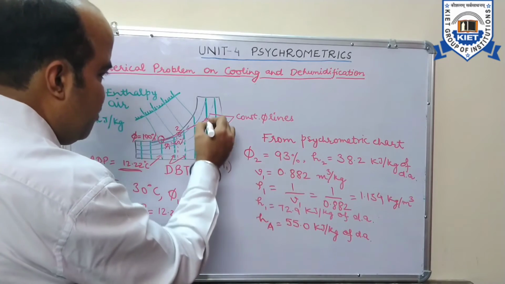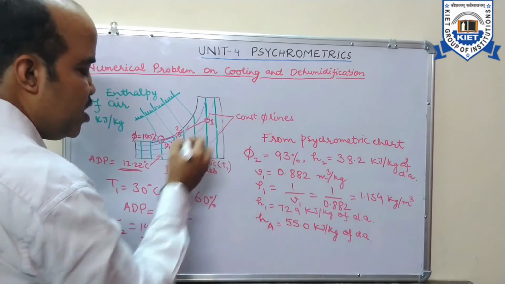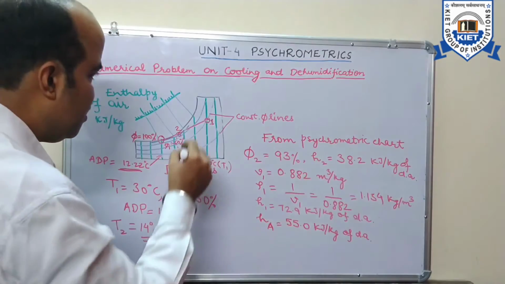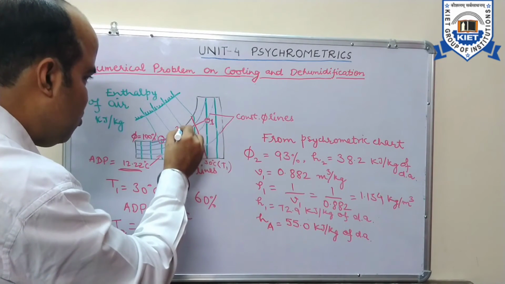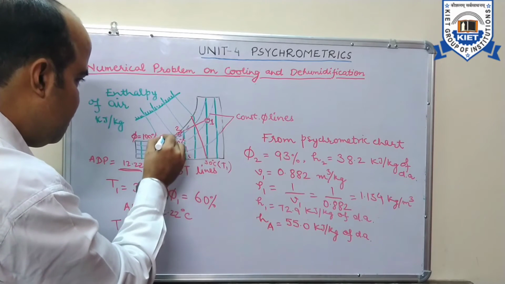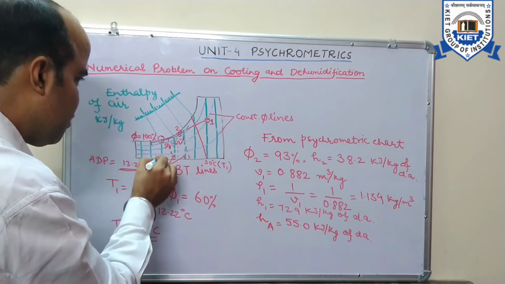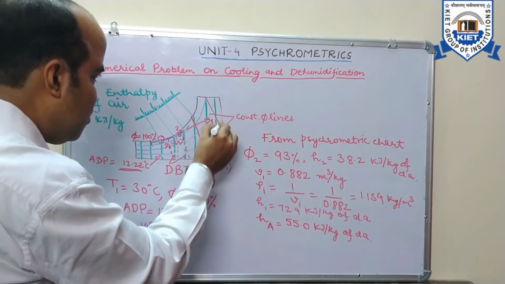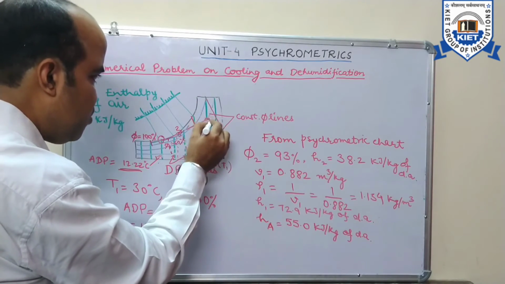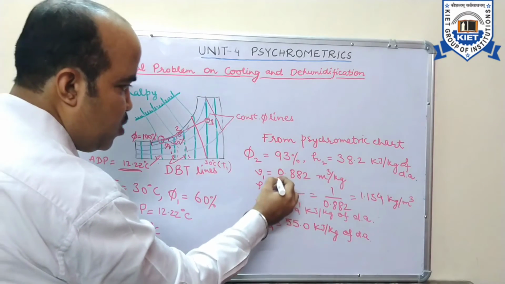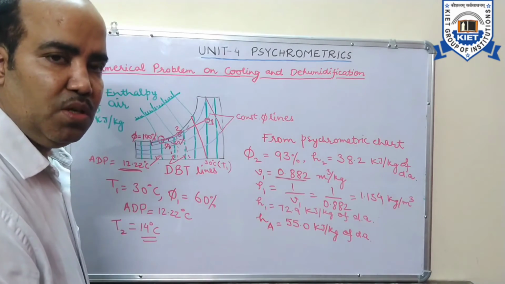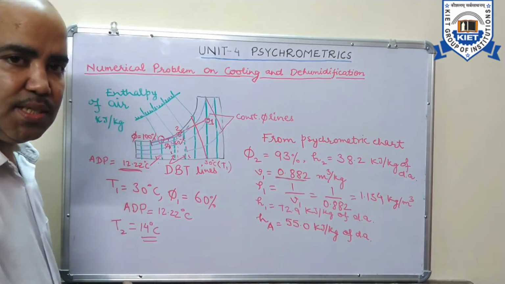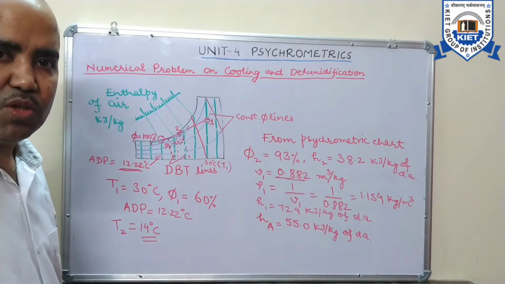Again, you have to find out the specific volume at point number 1. If you notice the psychrometric chart, these constant specific volume lines are like this. If you find out the value of specific volume at point number 1, it will come out to be 0.882 meter cube per kg. You already know that density is equal to 1 by specific volume.